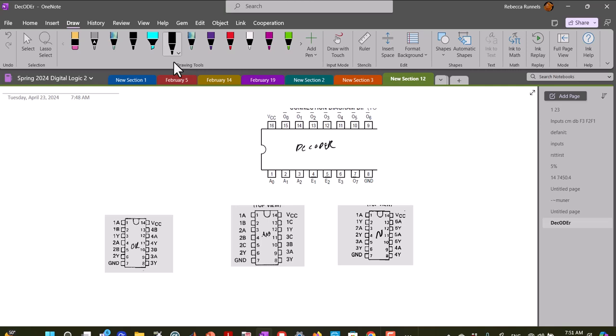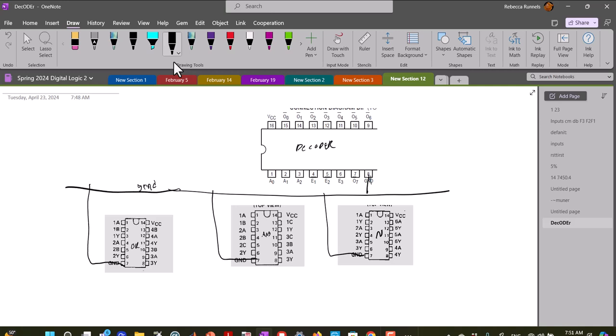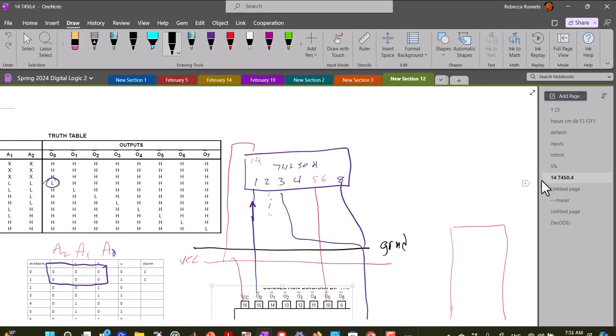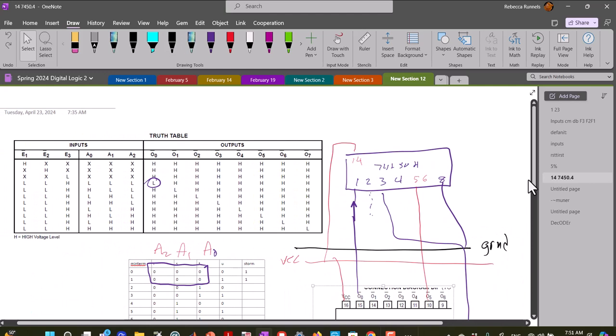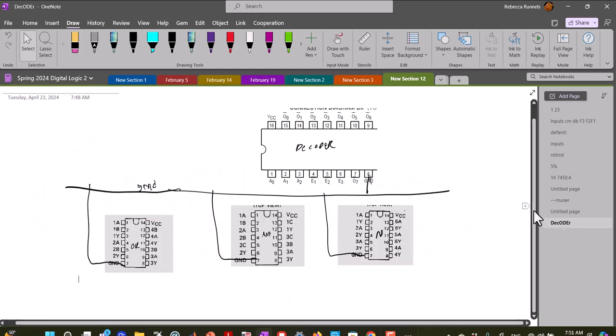So I have ground, and ground also has to go into E1 and E2. I have VCC.